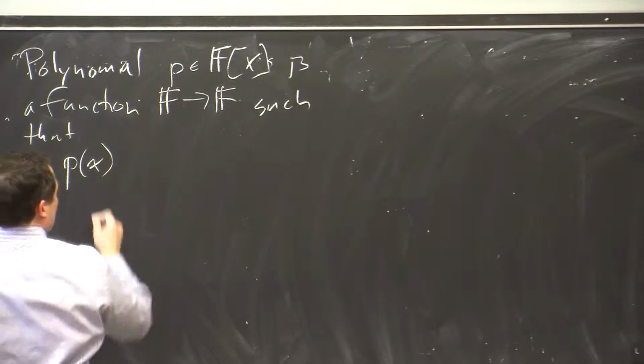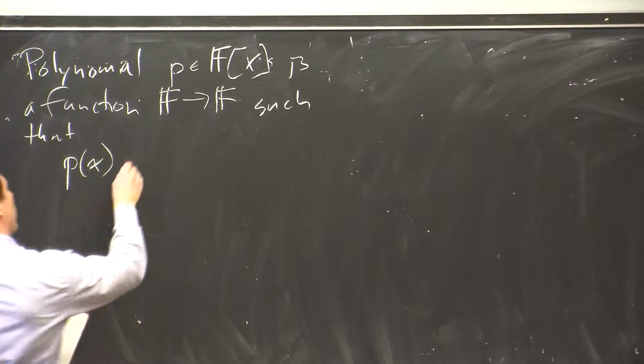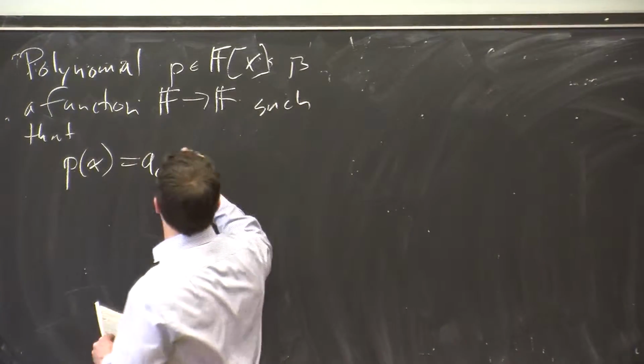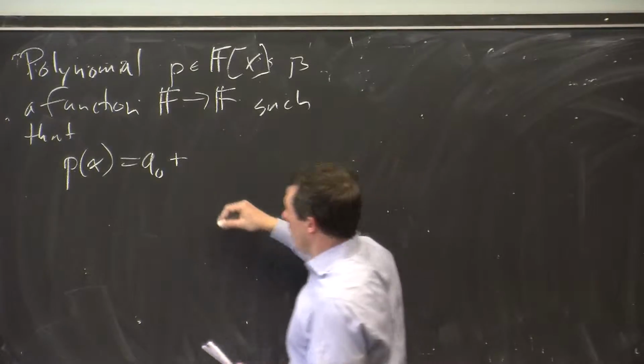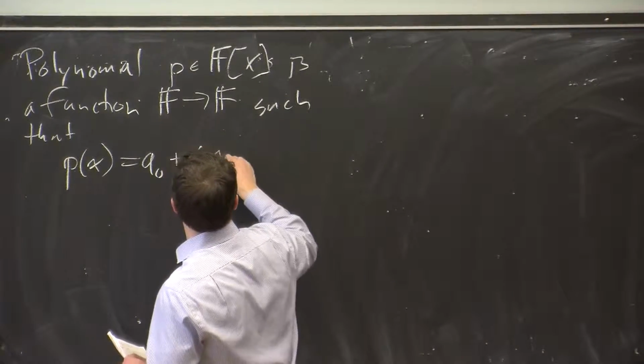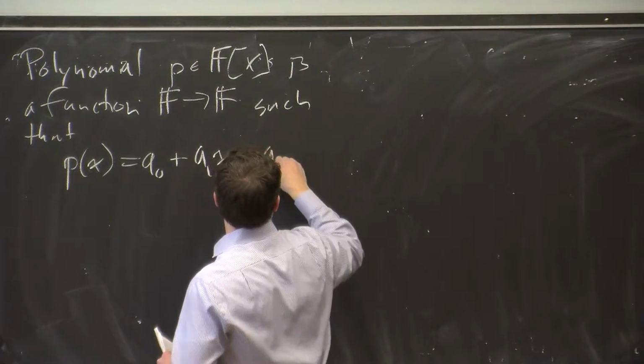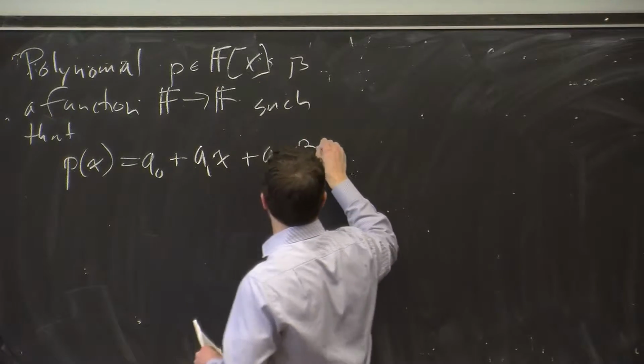P of this field element, x, whatever it might be, is some coefficient a0 plus the sum of powers of x multiplied by coefficients.